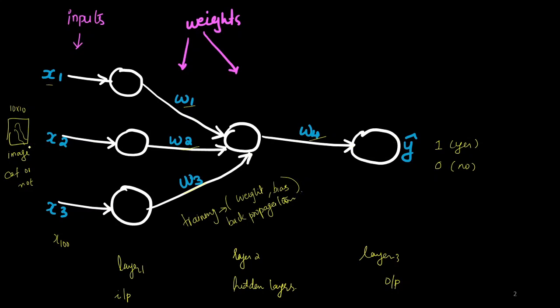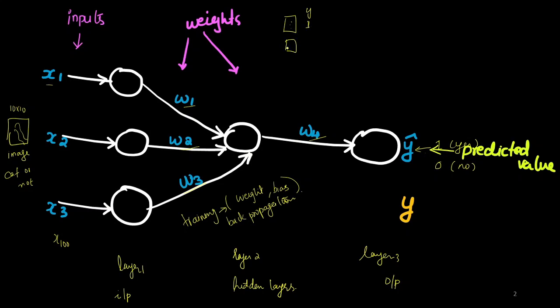We are giving an image to the neural network, and it will give you 1 or 0 as the output. The value we get from the neural network is labeled as y cap. We call it the predicted value. And we have the original value y. That means if we have an image of a cat, the y value will be 1.